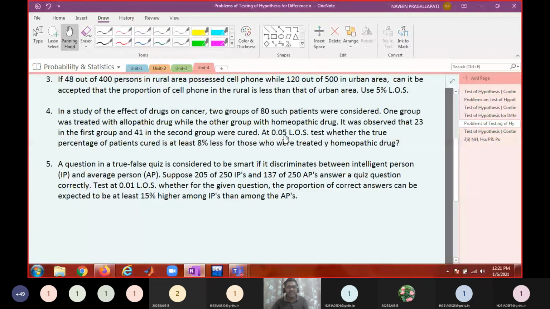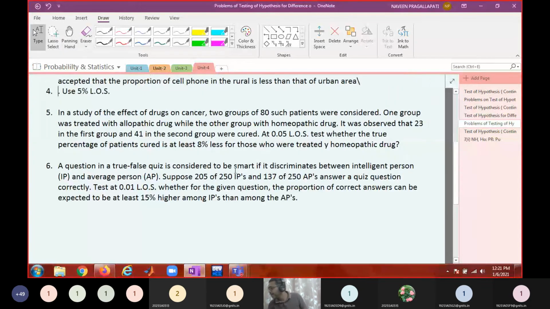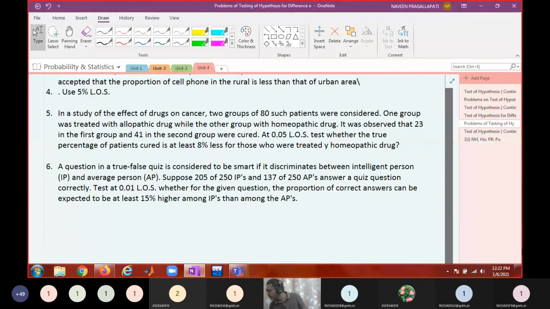At 0.05 level of significance, test whether the true percentage of patients cured is at least 8% less for those who were treated by homeopathic drug. So the difference must be at least 8%.